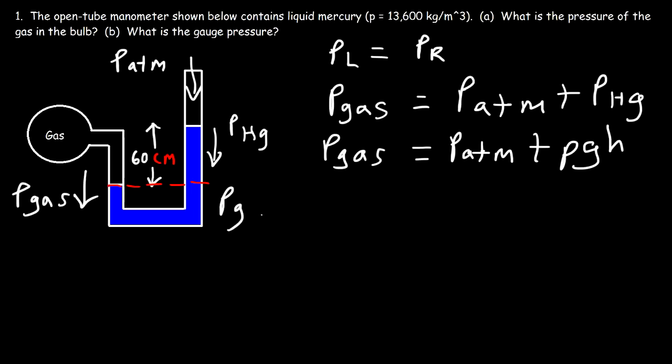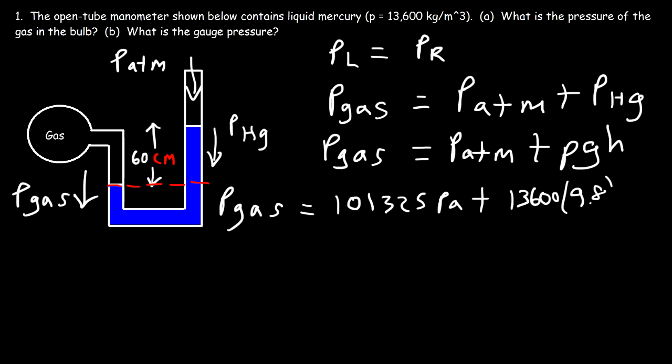And at that elevation, the atmospheric pressure is 101,325 pascals. And then rho is the density of the mercury, which is 13,600. g is 9.8. And the height, which is in centimeters, so we need to convert that to meters.